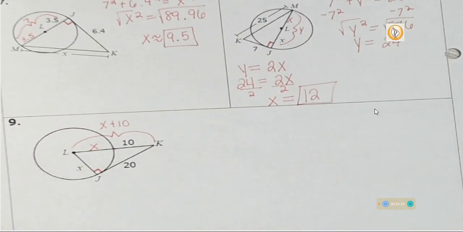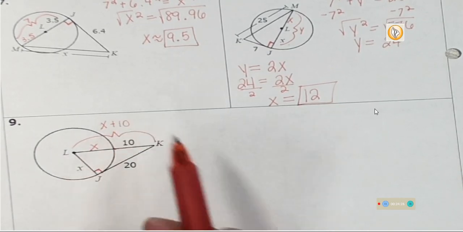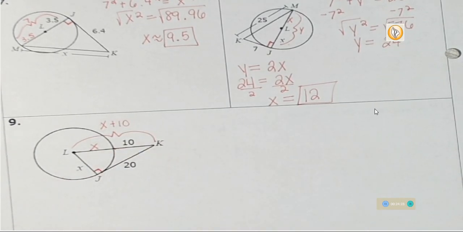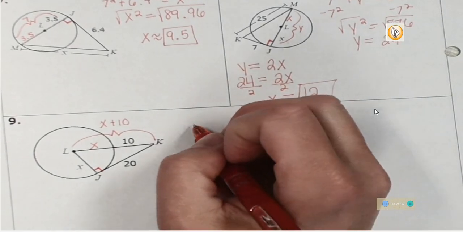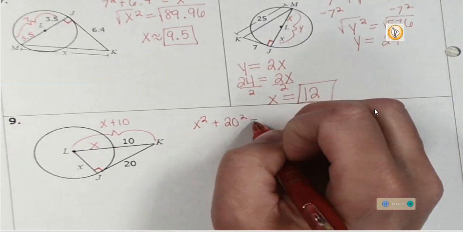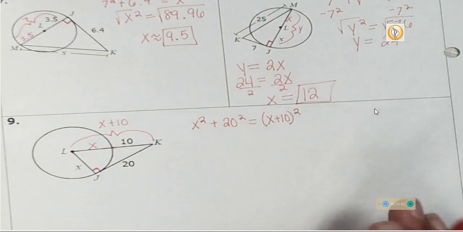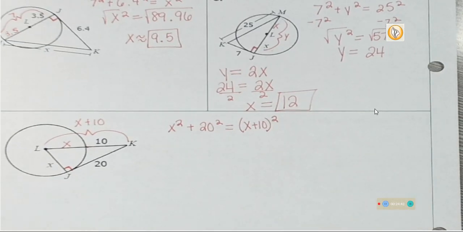And you might be thinking, Miss Slusher, can't we just name that y? No, because this would be x squared, and that would be y squared, and you can't have 2 different variables. So you're forced this time to do x squared plus 20 squared equals x plus 10 squared. So you're forced into that algebra quadratic situation.